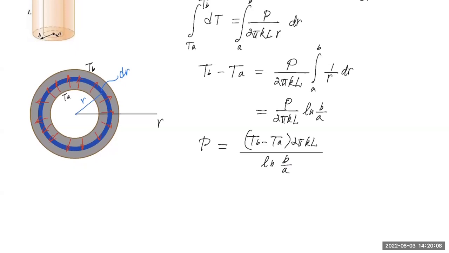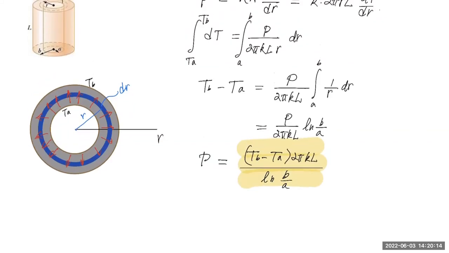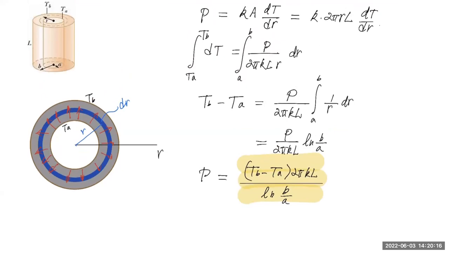And so what's the trick that I use here? Well, I divided this cross-section into consecutive thin shells and looked at the heat rate flowing through one of those very thin shells. And the reason why, again, I did that is because that's how I solved the problem of non-uniform cross-section area. Over a very thin shell of thickness dr, the cross-section area is pretty much uniform. So I apply this formula for uniform cross-section.